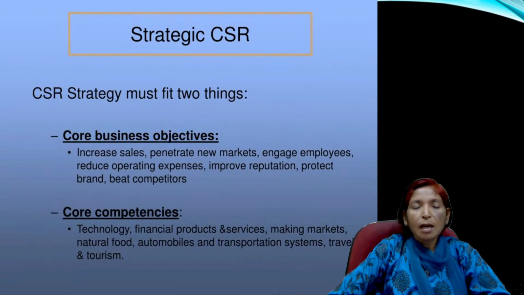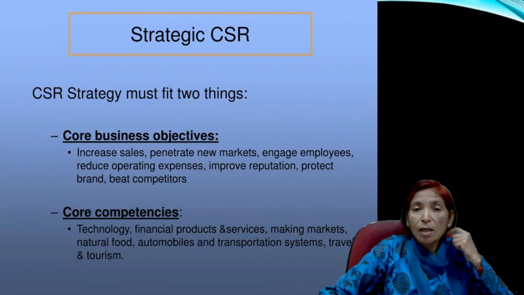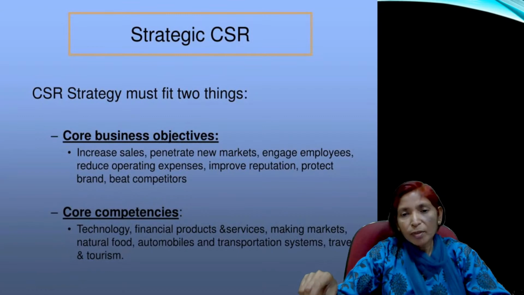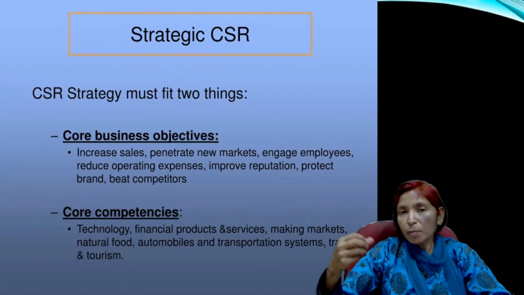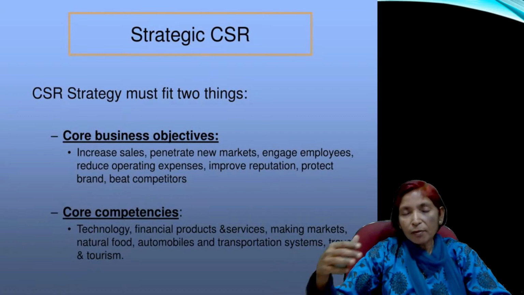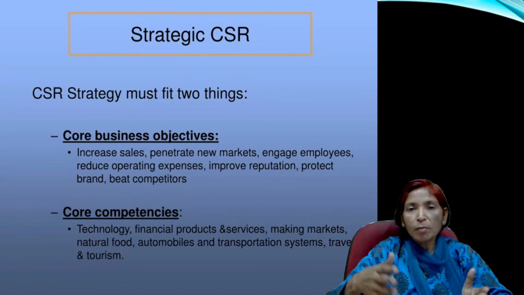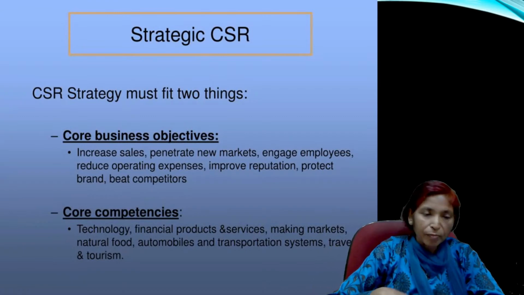All these are included in the corporate social responsibility strategy. So the corporate social responsibility strategy must fit two things. One is core business objectives. First of all, you must know what the core business objectives and the core competencies are. If you know this, then you can make the strategy for achieving these set targets.